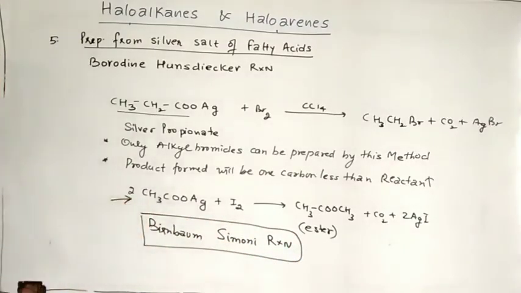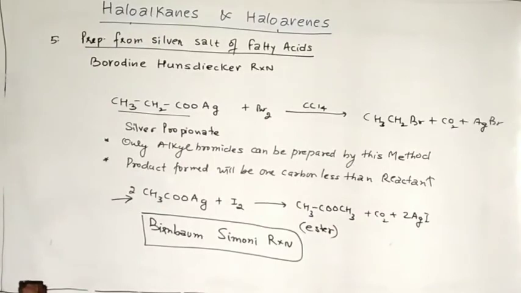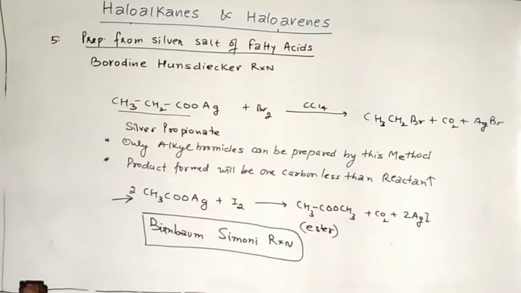This one. So that's all about the preparation of haloalkanes. The next lecture we will do the reactions of alkyl halide. Those are very interesting reactions. So these are the 5 points in the preparation. And some named reactions are also there, like the Borodine-Hunsdiecker reaction, Birnbaum-Simonini reaction, Swarts reaction. So in the next lecture we will do the chemical properties of haloalkanes.